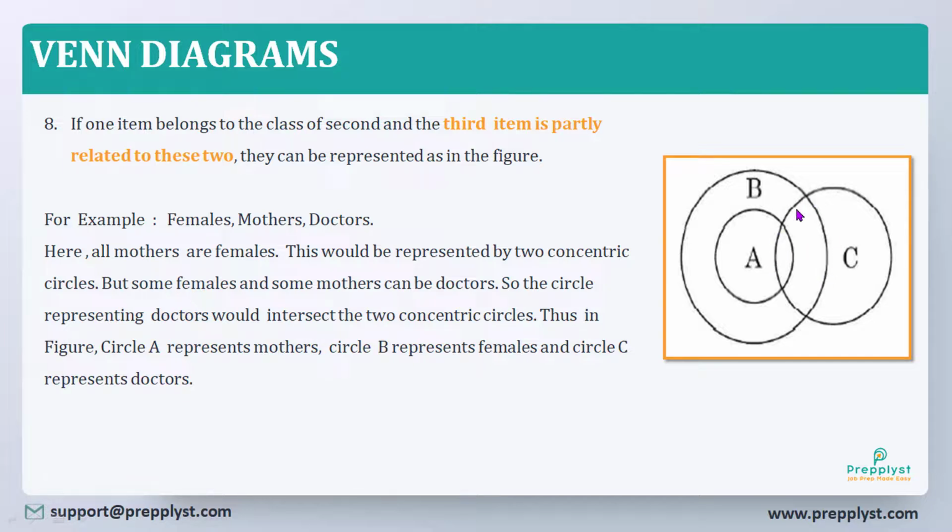So that is why the circle C intersects partly with the circles A and B, because it's a possibility. Some mothers could be doctors, some females could be doctors, and they could be male doctors as well. And that's why you have this portion which is independent of the two circles A and B. So this is how you understand the whole concept using this diagram.